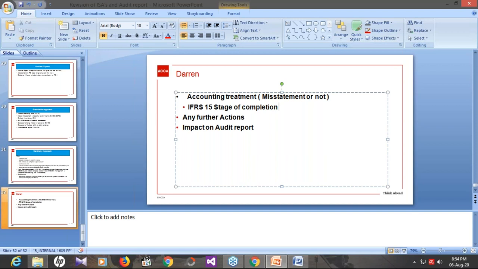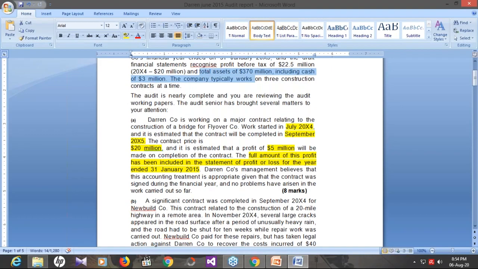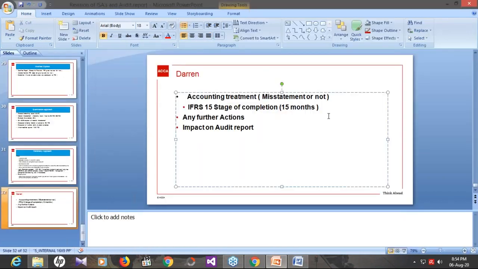The contract activity lasted for 15 months, from July 20x4 to September 20x5. For this year, from July to January, our year end is 31st January 20x5, this project continued this year for 7 months.